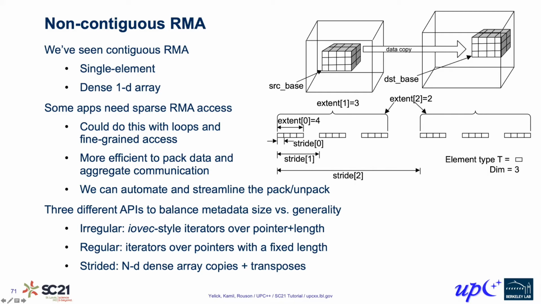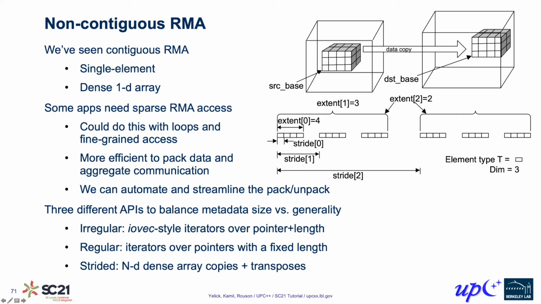We provide 3 different APIs. The first is an IOVEC style set of iterators over pointer plus length. This provides the most generality, but it pays the highest metadata cost. We have regular, which is iterators over pointers to elements with a fixed length.